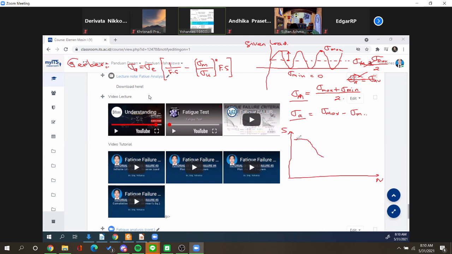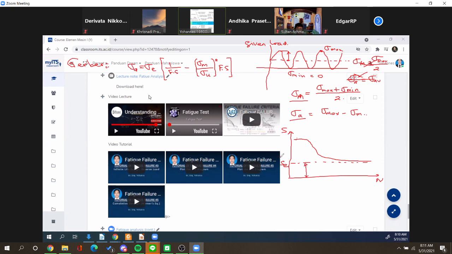And it's maybe like this. So for this type of material, we have here the endurance limit. This endurance limit measures the maximum given load that can extend the life cycle of the material up to infinity. So below this load, the material will never fail due to the fatigue.